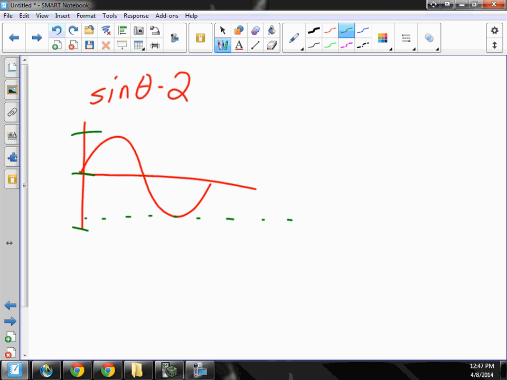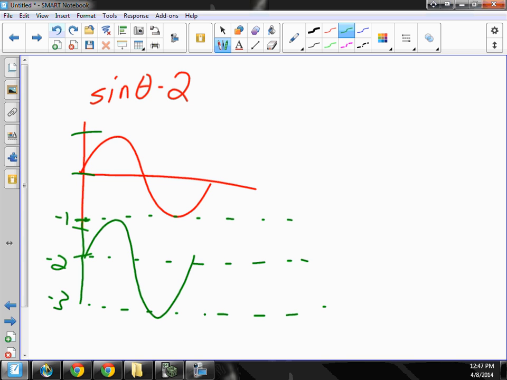And my center line is going to be at -2. And my minimum is going to be at -3. And then just draw the sine curve. Does that make sense? So a number in front changes the height. A number behind just changes how high or low the center line is.